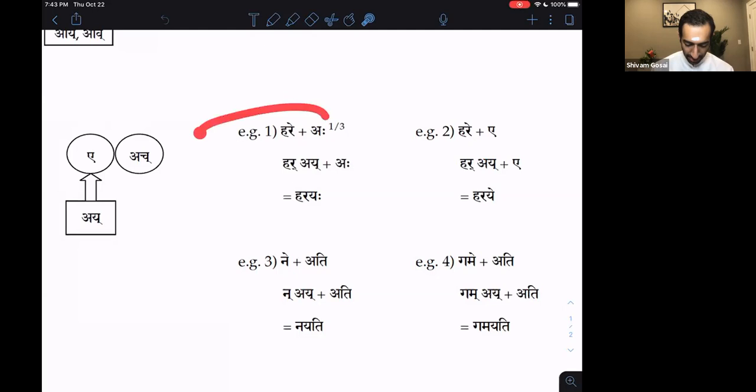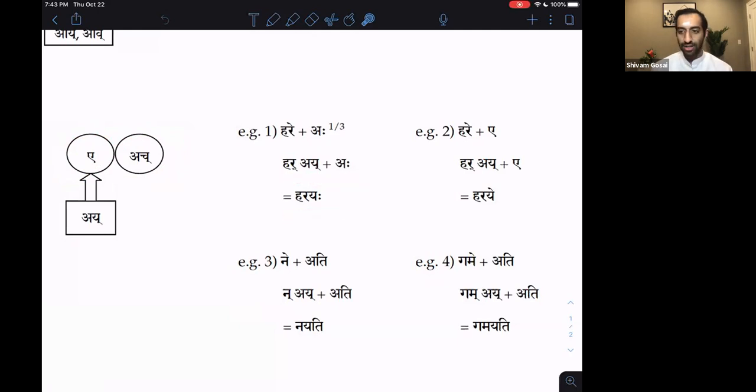All right, so we see here: hare plus aha. I have A followed by a. So only that A is going to get replaced by I. So I get har plus I, aha.